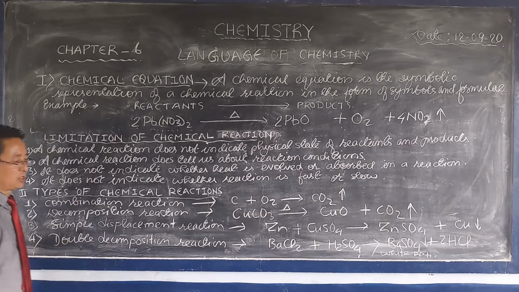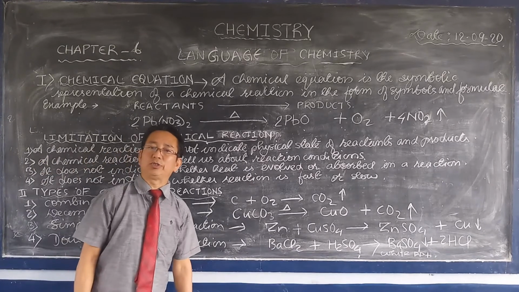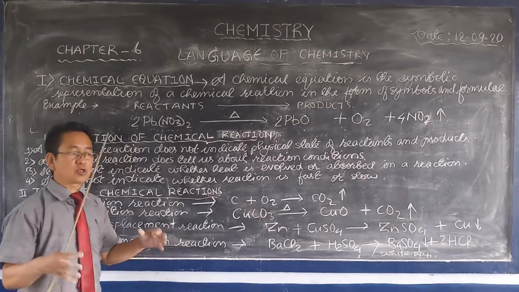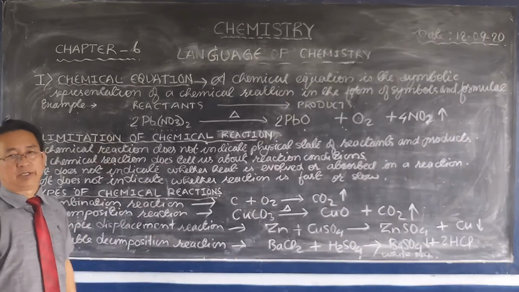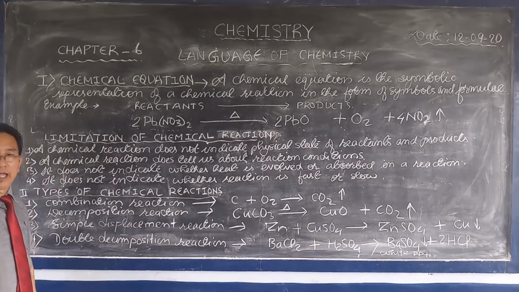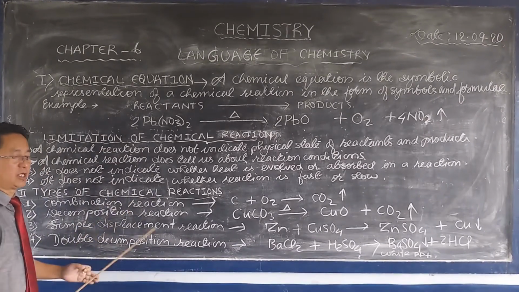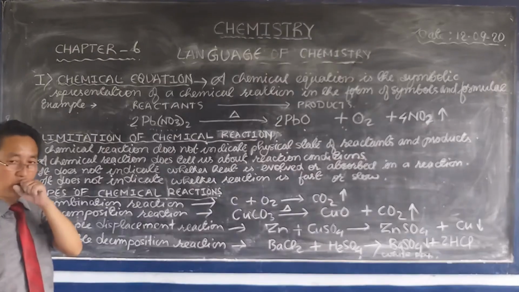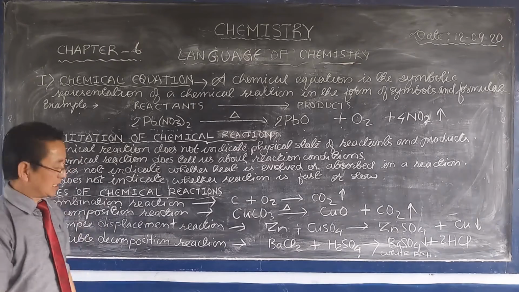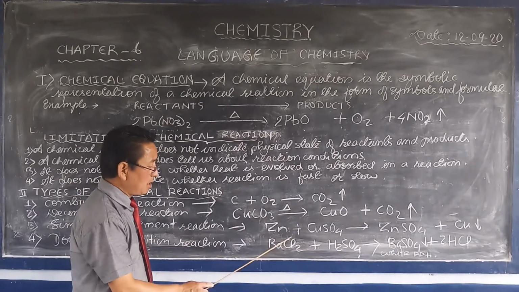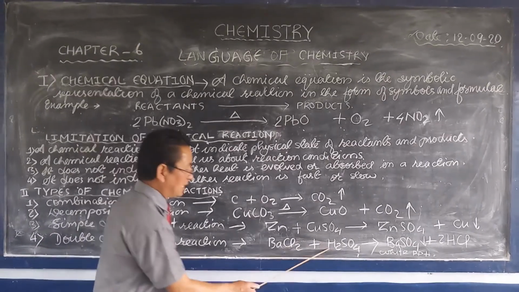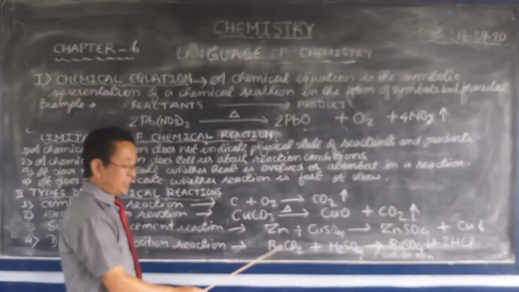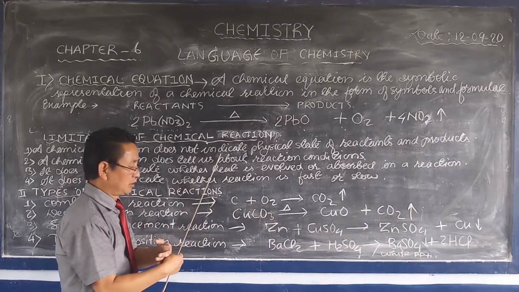Double decomposition reaction. Now, what is a double decomposition reaction? A chemical reaction in which 2 salt solutions are mixed, they exchange their radicals and give an insoluble solid in the form of a precipitate, is known as a double decomposition reaction. As you can see here, barium chloride solution and dilute sulfuric acid, when they react with each other, exchange their radicals.